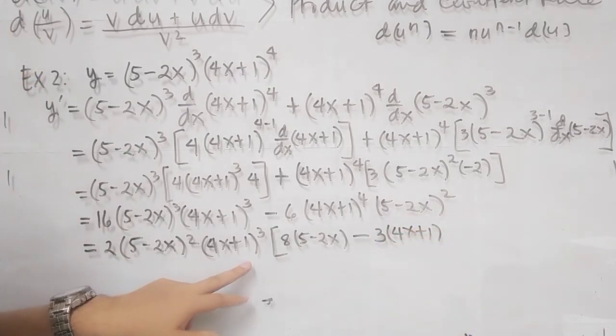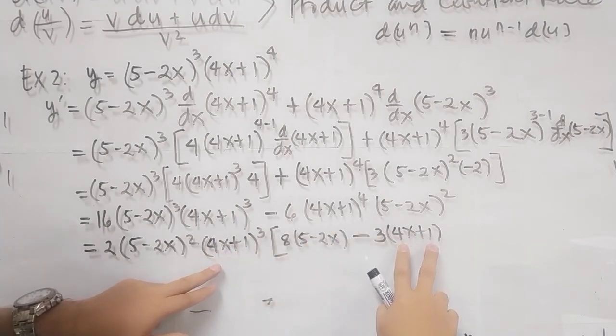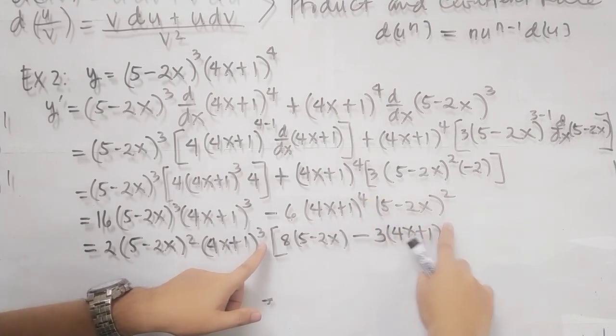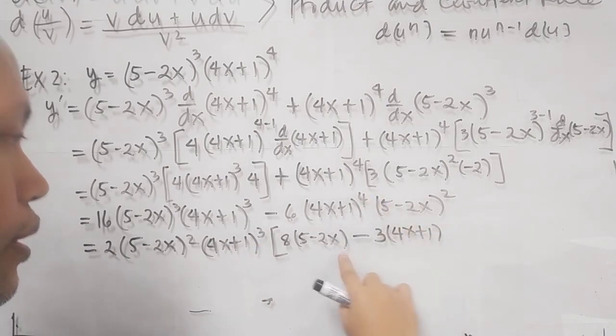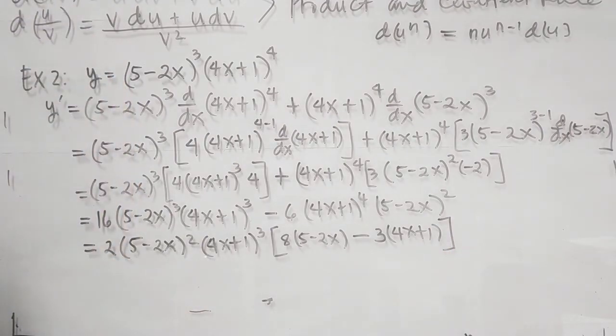So that when we multiply this by this, that is raised to 4. 3 plus 1 is equal to 4.